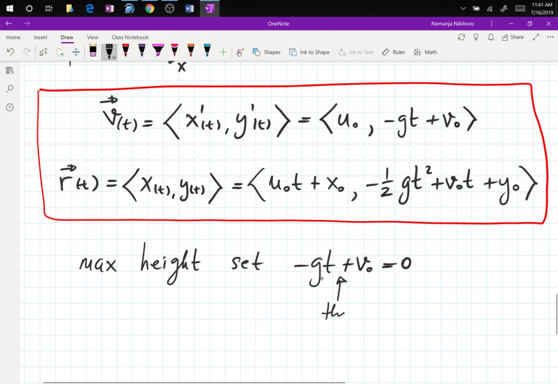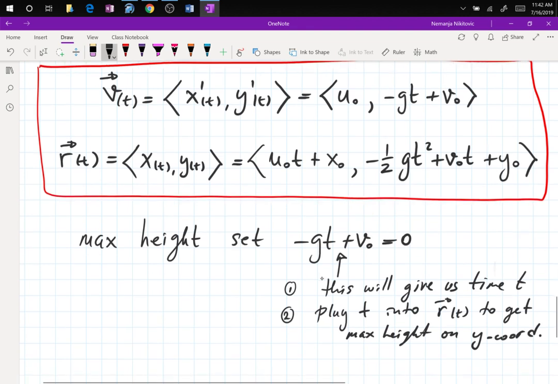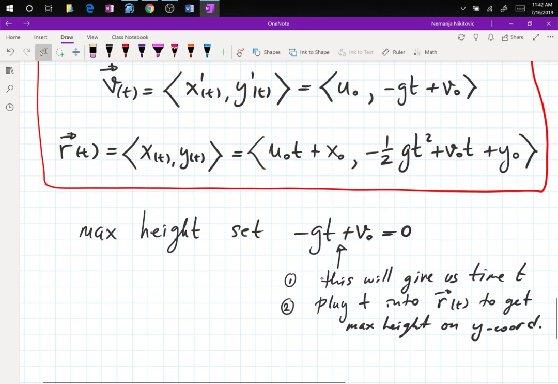Number one, this will give us time t. Number two, plug t into r of t to get max height on the y coordinate.